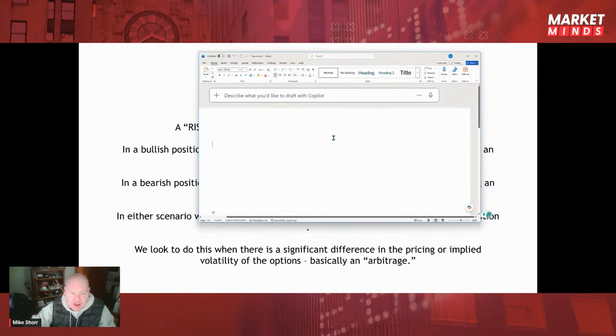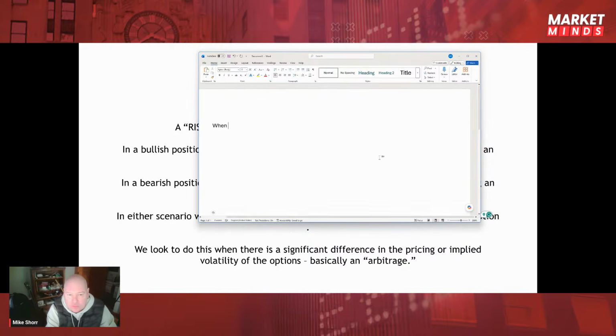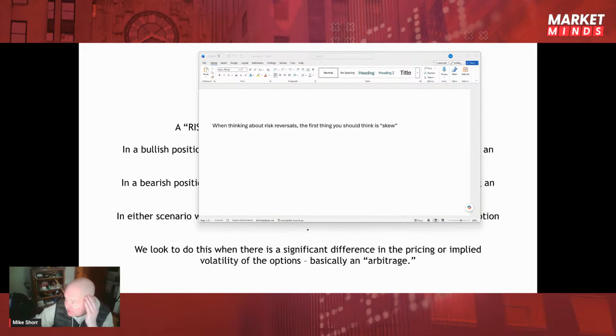So when we're thinking about this, the first thing that you should think is skew. Now, what is skew? We know that the implied volatilities of different expirations, the at the money implied volatility at different expirations, can be and often are different.